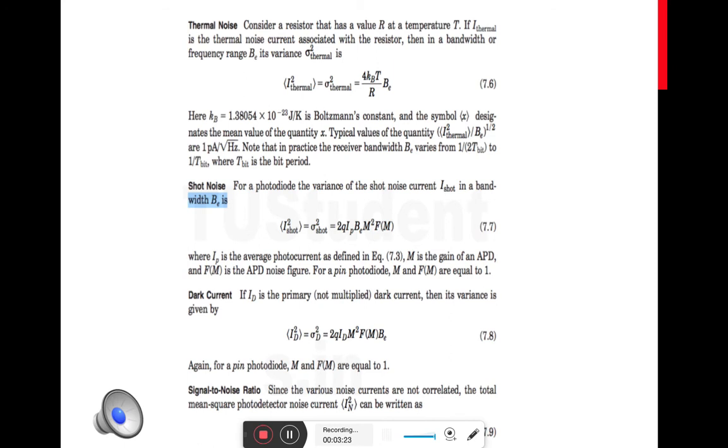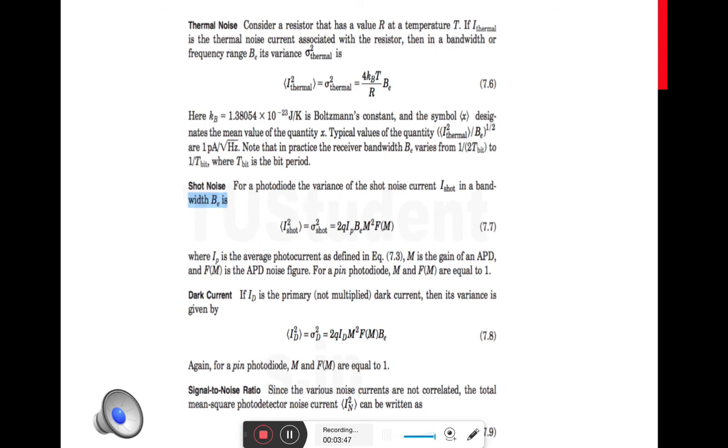Next is the dark current. The dark current I square D or sigma square D, the variance of dark current, is equal to 2q I_D M square F(M) B_e, where q is the charge of the electron, M is the multiplication factor, F(M) is the noise figure, and B is the bandwidth. For a PIN photodiode, the multiplication factor M and F(M) are always equal to 1.